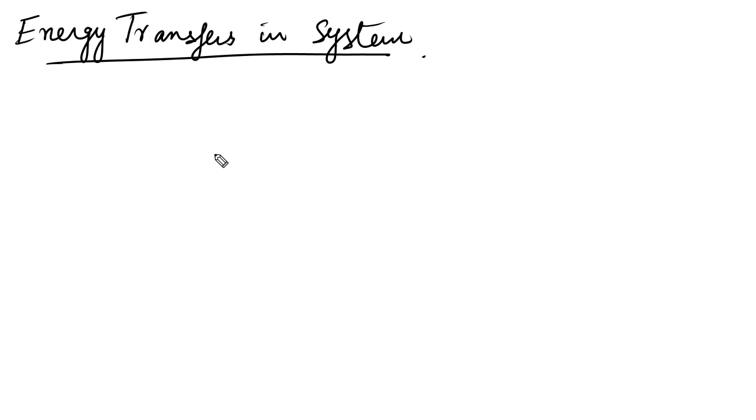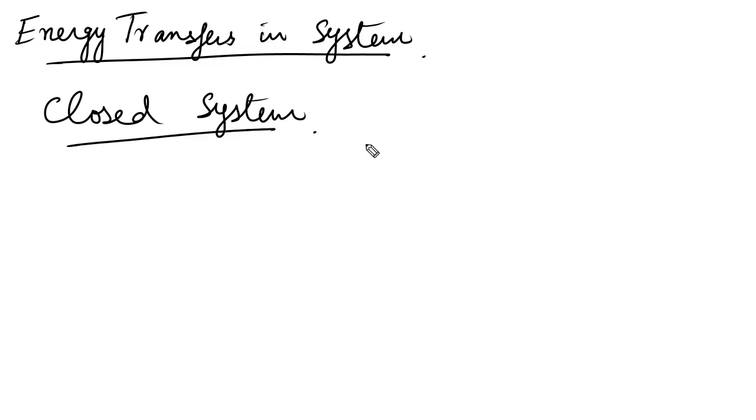But now here, first of all, we will discuss a closed system. A closed system is a combination of a single object or multiple objects in which the total energy remains constant. The total energy of the system does not increase or decrease.